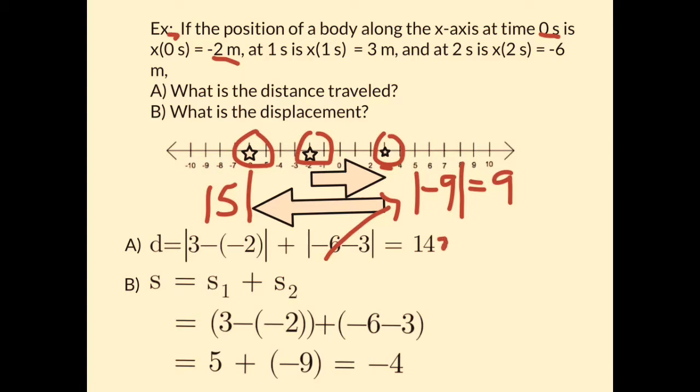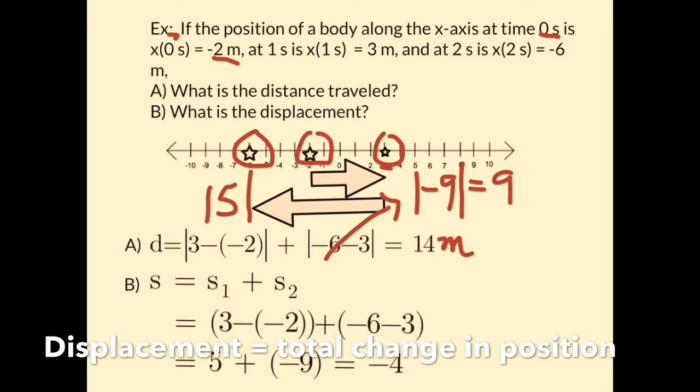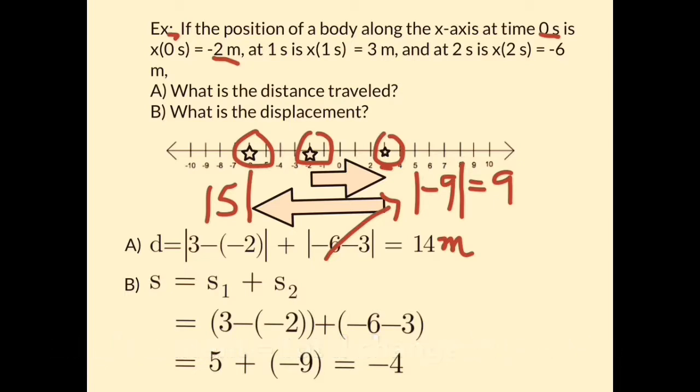The unit is meters. B. The total displacement is the sum of the individual displacements, S1, or the first leg, minus 2 to plus 3, plus S2, from plus 3 to minus 6. Displacement 1, final minus initial position, is 3 minus a minus 2, or plus 5 meters.